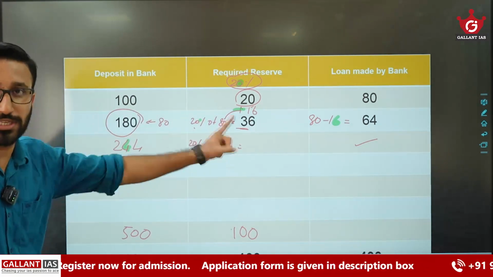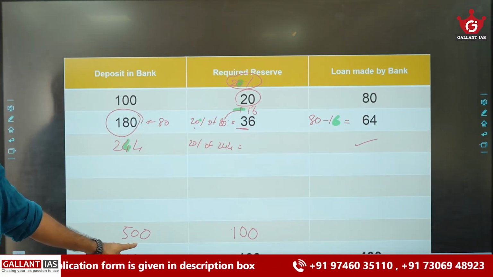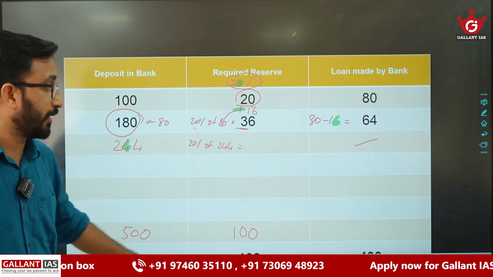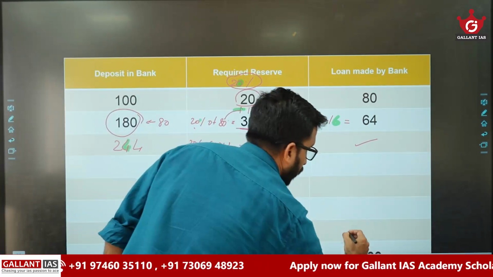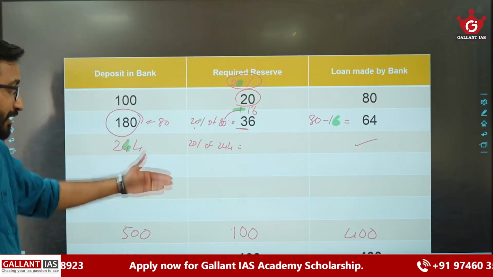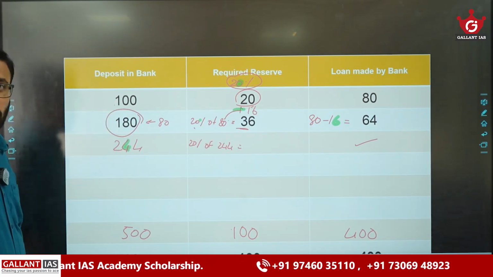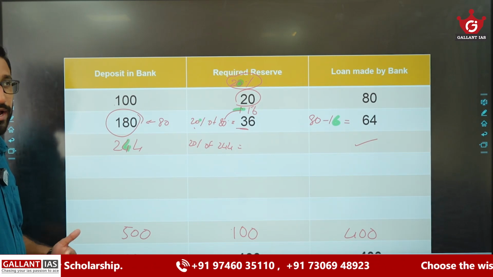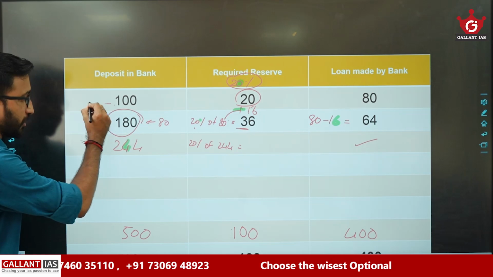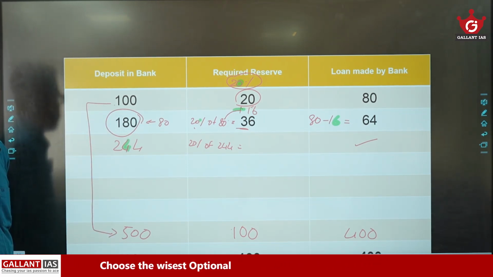If we continue this calculation, at the end the deposit in the bank will become 500 and the required reserve will become 100. That means 400 rupees can be given as loan. Look at this. From 100 rupees, this is how banks work. This is how banks give you loan. From an initial deposit of 100 rupees, the bank now has a deposit of 500 rupees.